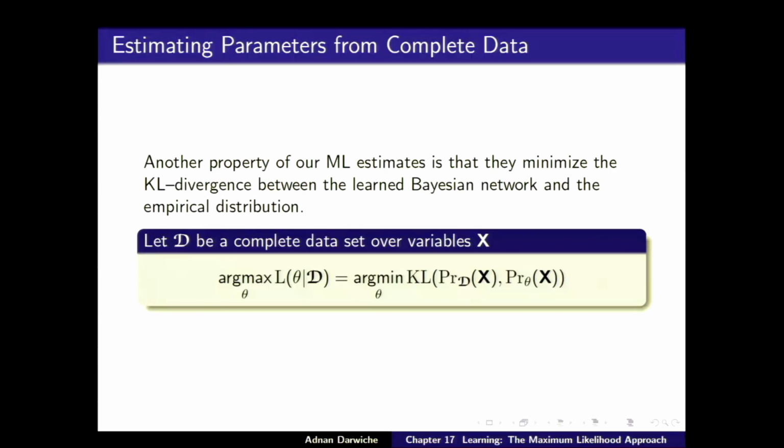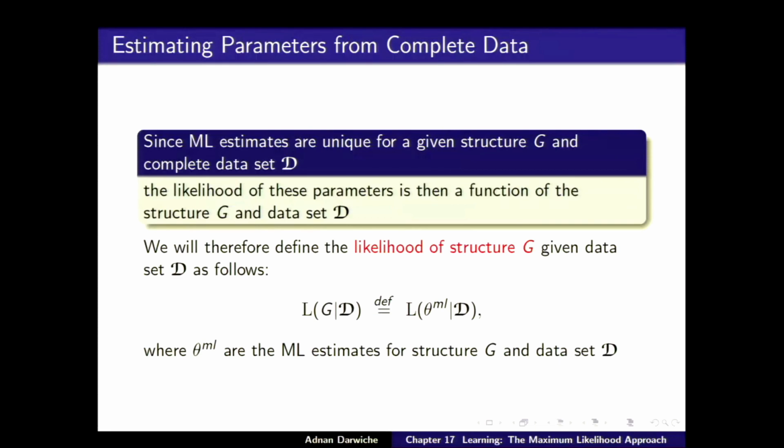There is one more property that we want to state about these things, which also requires setting up even more notation. If I give you a data set and a Bayesian network structure, we agreed that the maximum likelihood estimates are unique. Then you go find them and plug them into the Bayesian network. Now you get a distribution. And then you ask, what is the probability of the data according to that distribution? You compute it. That's the likelihood of these parameters.